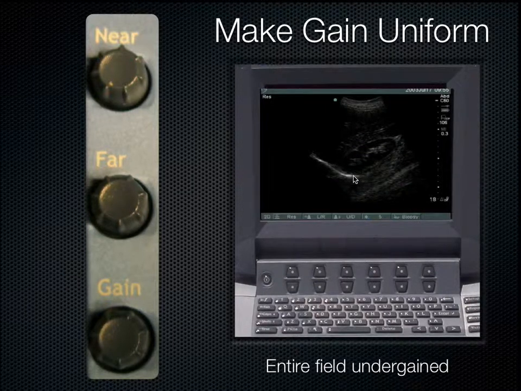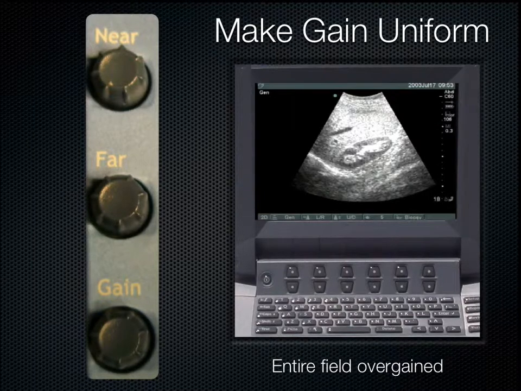In a really dark room, like a jet black room with no lights on at all, yeah, I might be able to get away with this gain setting, but the reality is we work in rooms with light, and so we need to occasionally turn up that gain to compensate for the fact that the room usually has some lights on in it. And I actually had them install dimmers in all of my trauma resuscitation bays, and in every room I could get them to do it in after that, because it is so convenient to have a dimmer in the room so we don't make this mistake, which is overgaining the image.